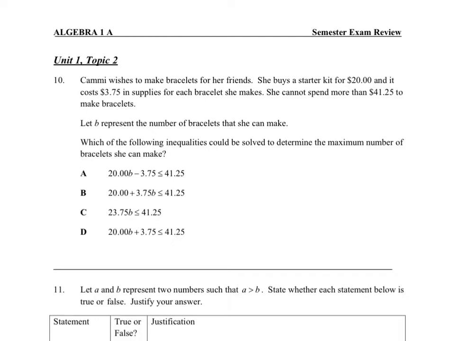Well, we're talking about how much she spends, and we know that she's starting with a $20 expense. We also know that it costs $3.75 per bracelet, so that means times B, because if she makes one bracelet, it's going to cost $3.75. If she makes two bracelets, it's going to cost $3.75 times 2. We also know that she cannot spend more than $41.25.